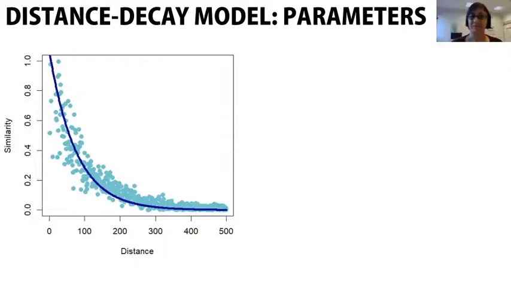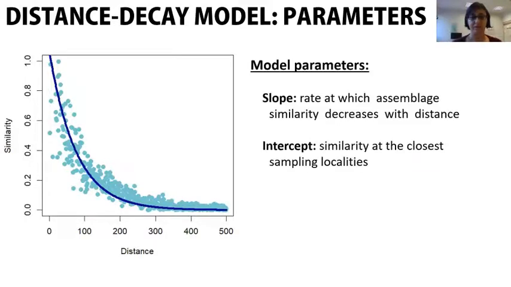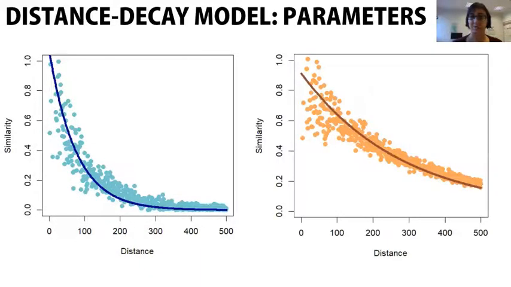As I have said at the beginning, it's very useful because we can quantify it. That means that we can estimate parameters from this pattern, like the slope, the rate at which assemblage similarity decreases with distance, or the intercept, that is the similarity at the closest sampling localities. This is easy to see if we compare two distance decay patterns.